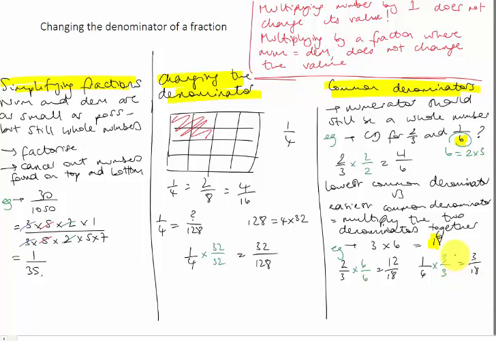So you could find the lowest common denominator by looking at the different factors of the two denominators, or you could just do the easiest common denominator by multiplying the two different denominators you're working with by each other.